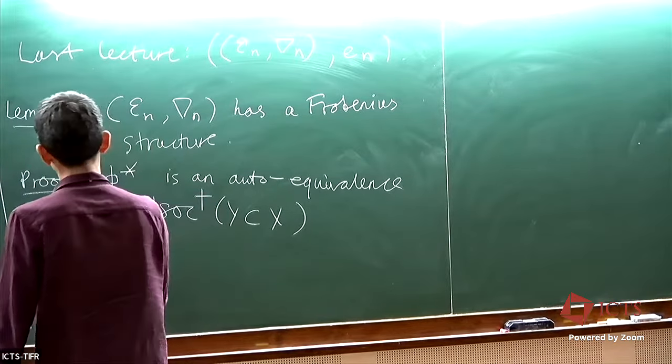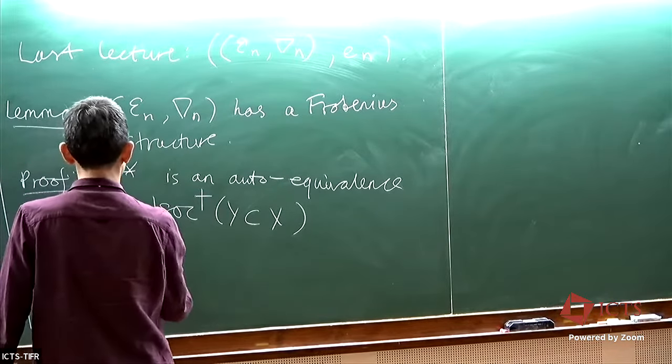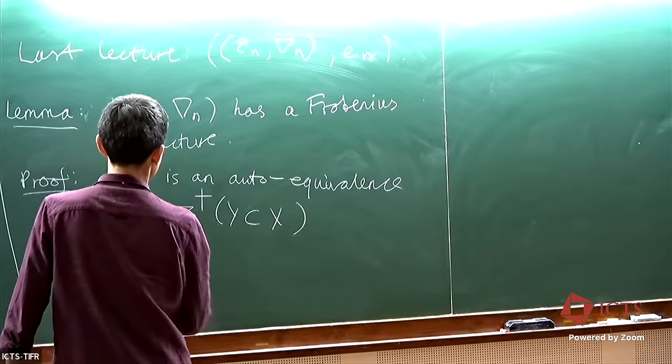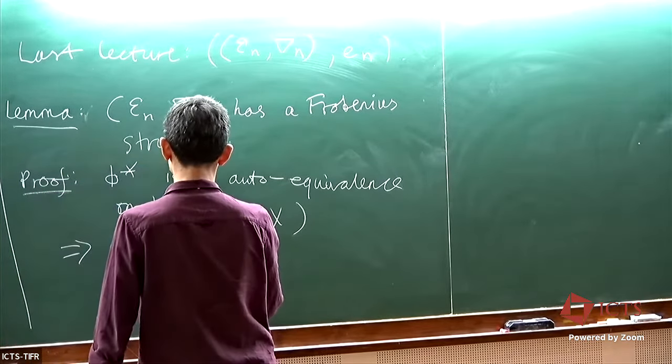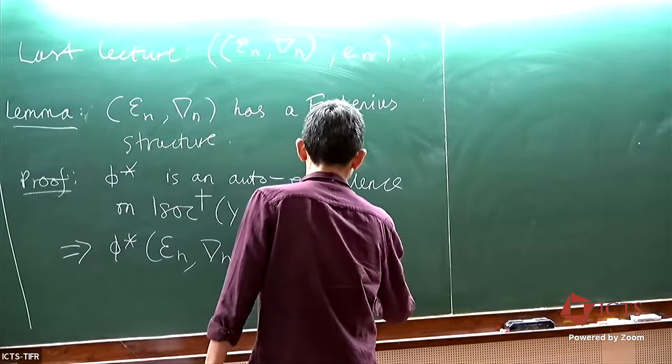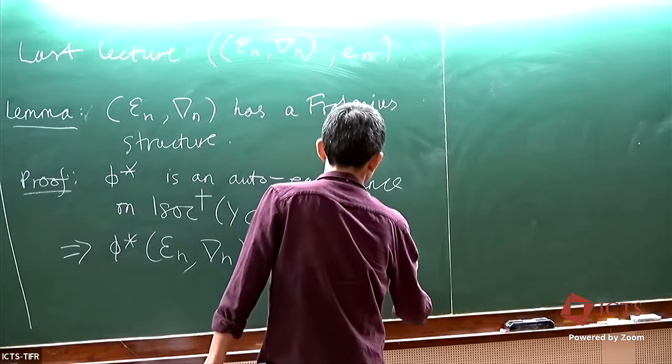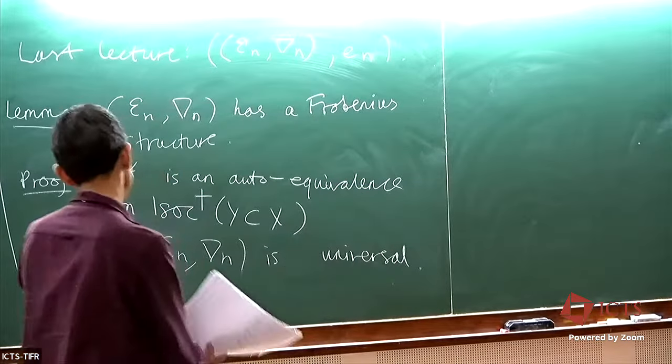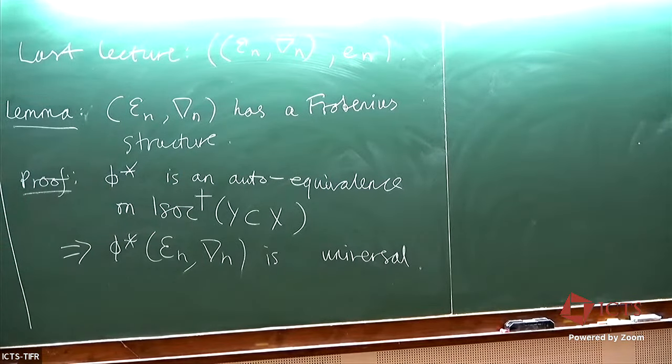And this implies that if you have a universal object, the pullback is also universal. So having a Frobenius structure is just saying you have an isomorphism of two analytic connections.